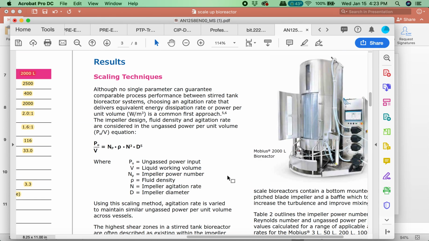Anyhow, scaling techniques, although no single parameter can guarantee comparable process performance between scales.